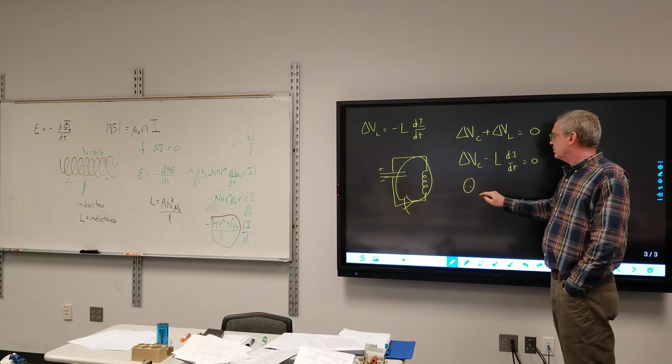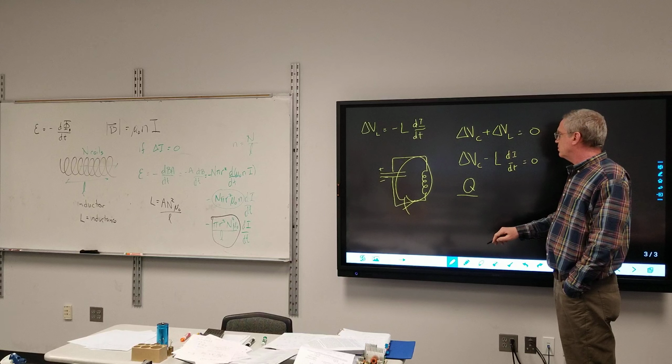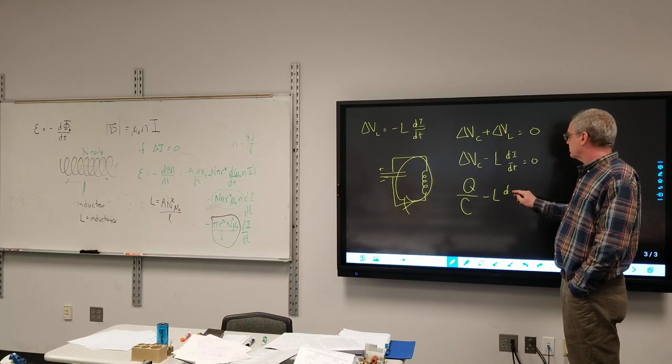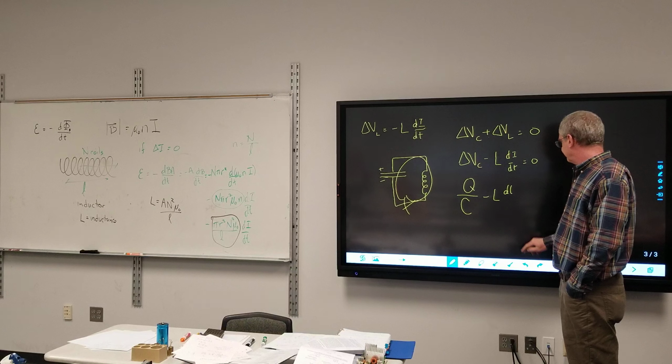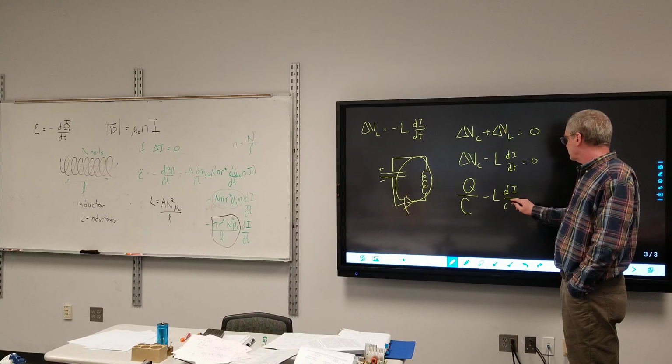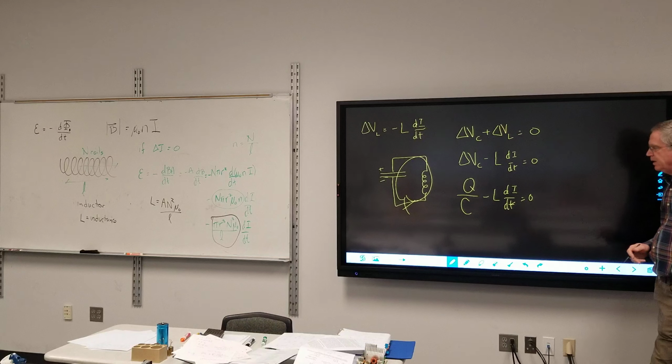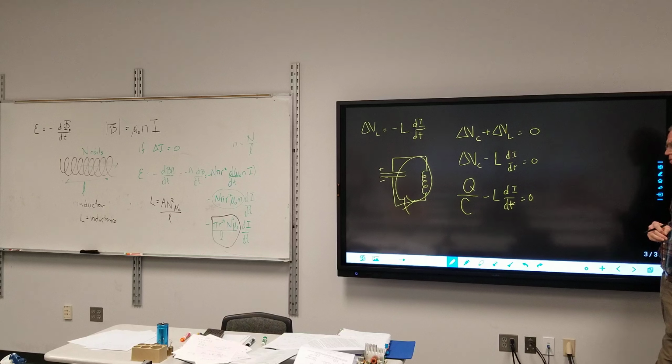Voltage is Q divided by the capacitance. Now, I do need to put an extra subscript in here just to clarify.